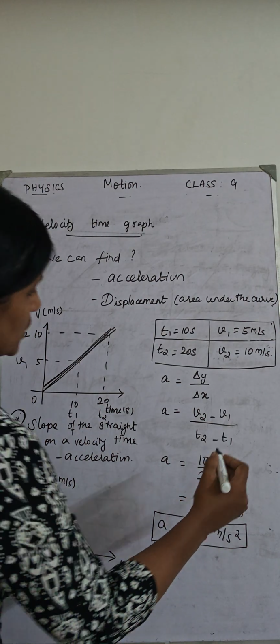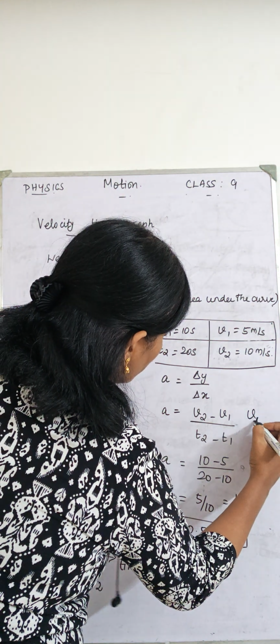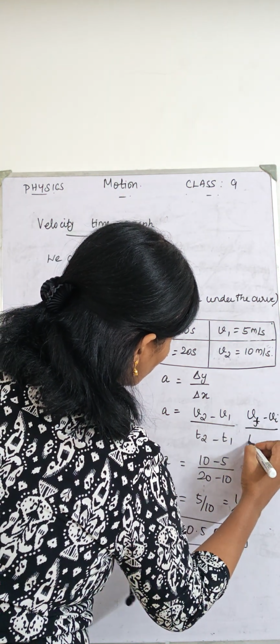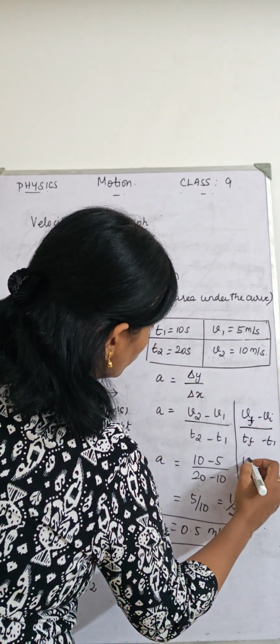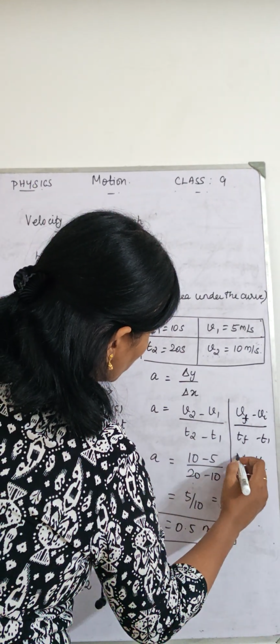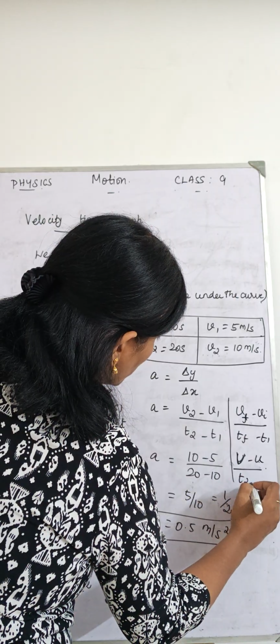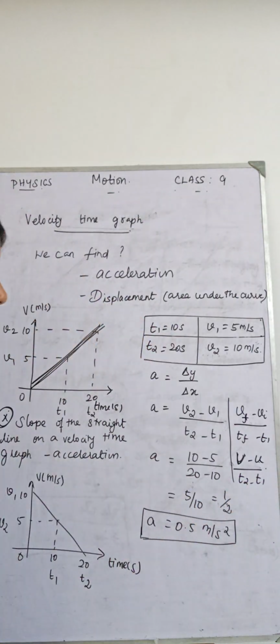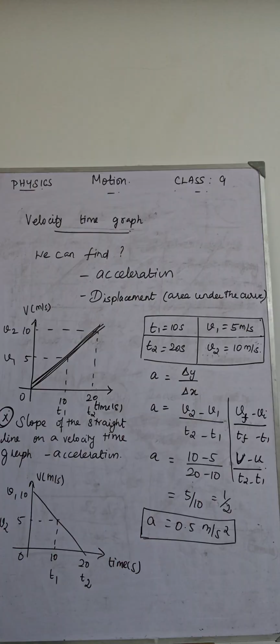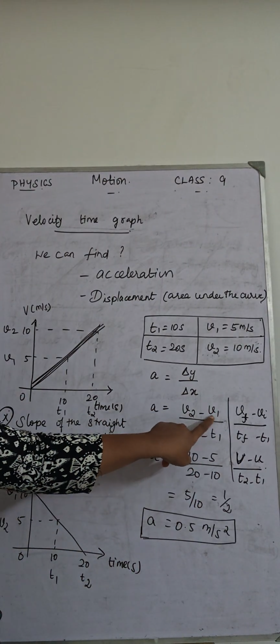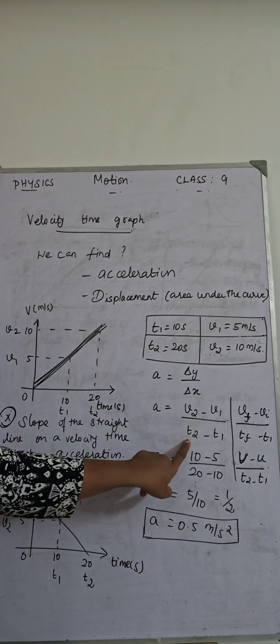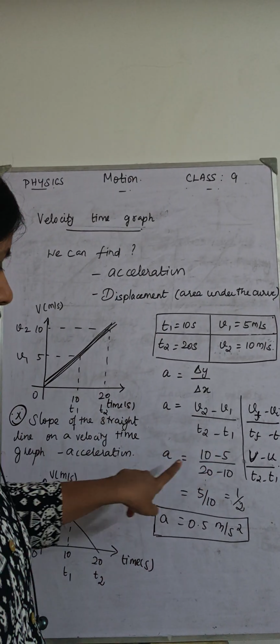In some books you may see Vf minus Vi divided by Tf minus Ti, or V minus U divided by T2 minus T1, which is the change in velocity over the time period, T2 minus T1.